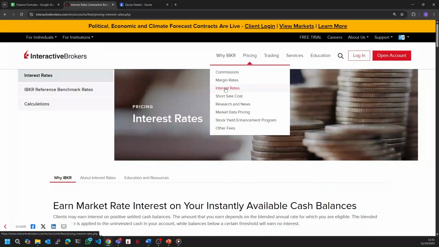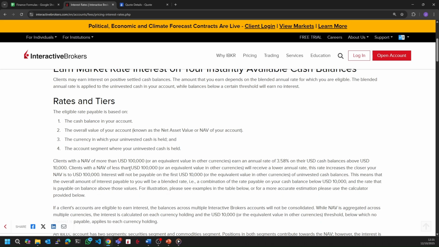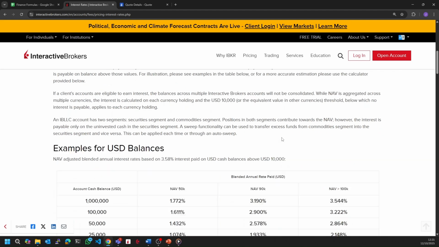The next one I'm actively using, so this is the interest rate for idle cash on your balance, the cash that you are not using. Also, the structure is a little bit complicated. You don't get interest rates on the first $10,000.